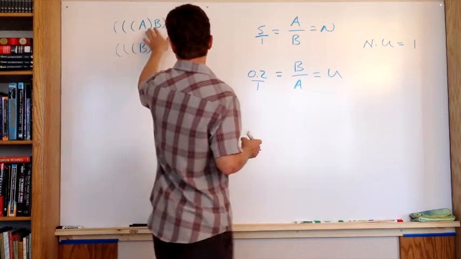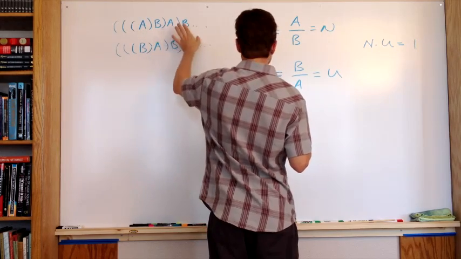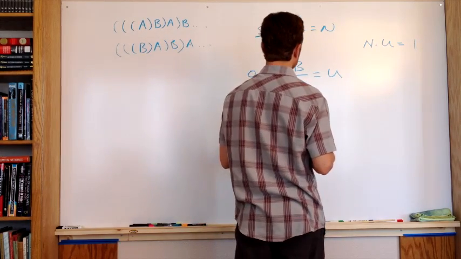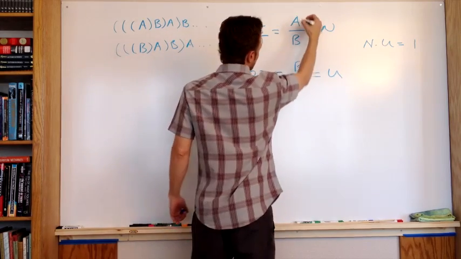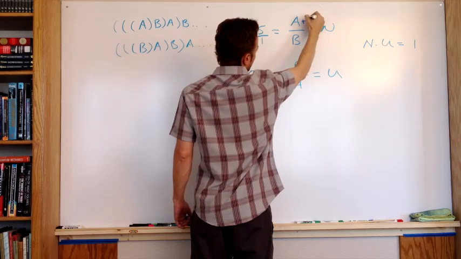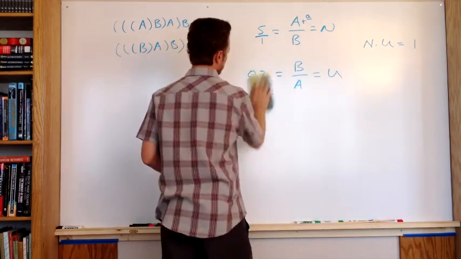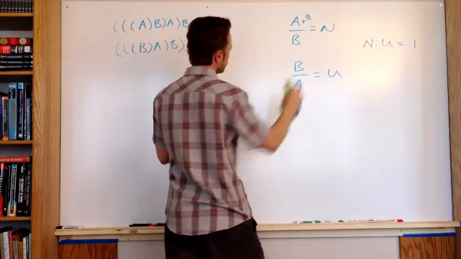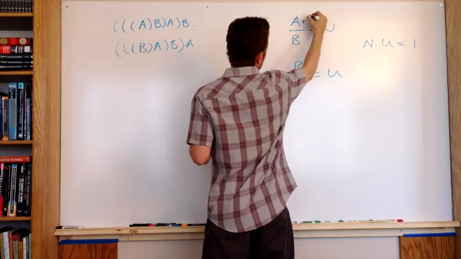So how do we account for A relative to B relative to A, etc.? Well, one way of doing it is, what if we were to just add another A over B?